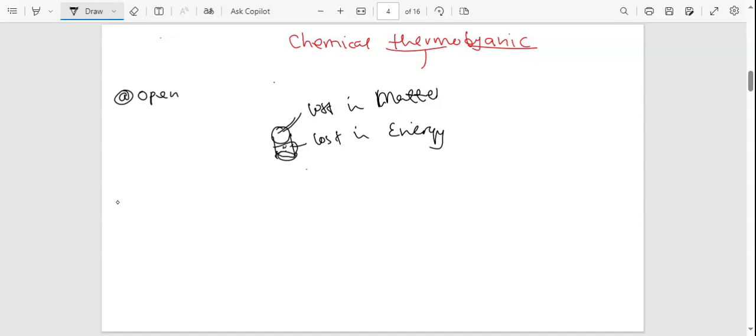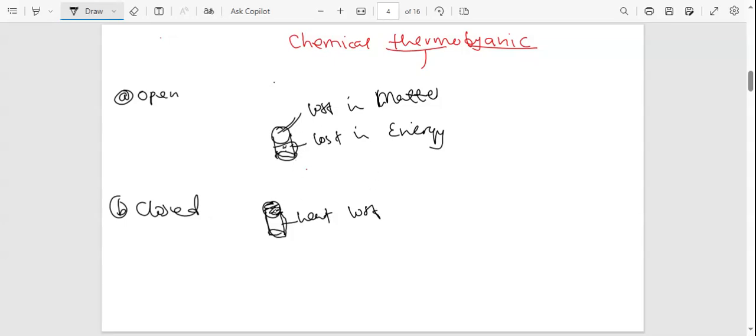Then when you talk of the closed system, the beaker is closed like that. Since the beaker is closed, but outside there, because of the surroundings, some heat will be lost, because of the vessels that we are using.